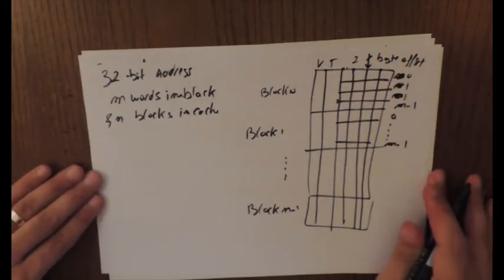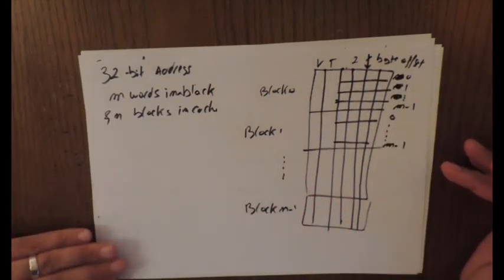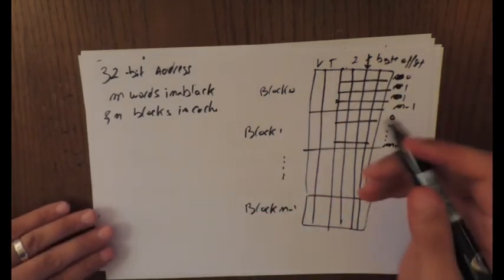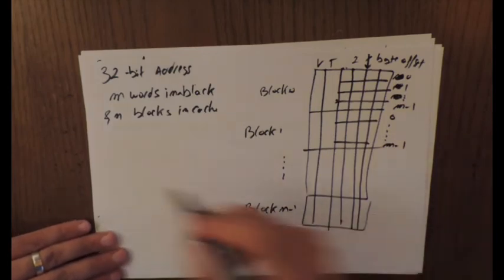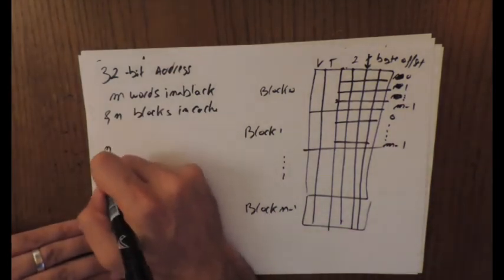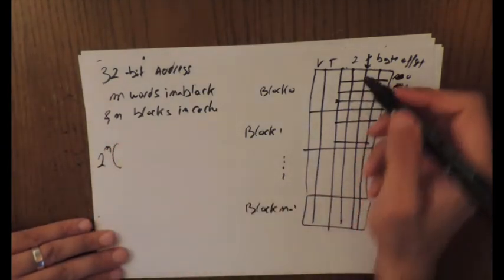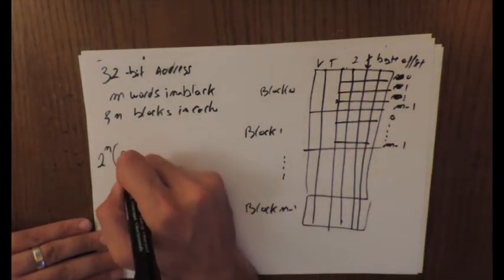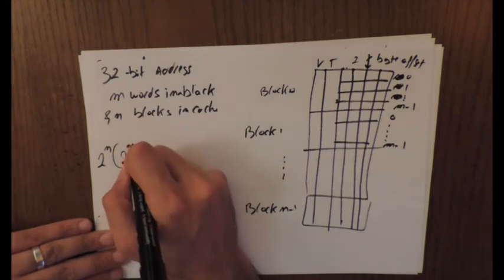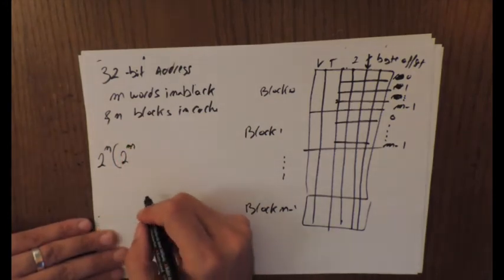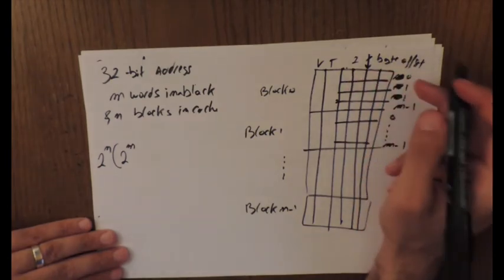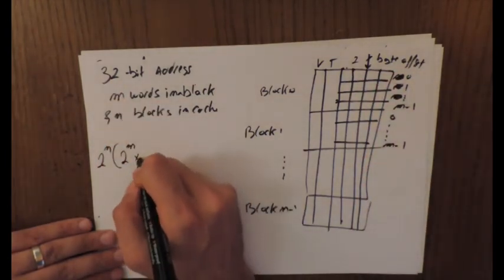Now, to calculate the size of this cache, first of all, how many blocks do we have? We have 2 power n blocks. In each block we have 2 power m words. Each word is 32 bits, so times 32.